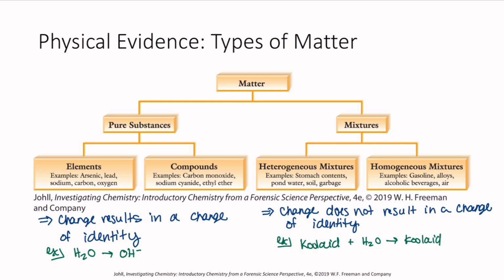I still have Kool-Aid. If I take salt, NaCl, solid salt, and I mix that with water, then I make a salt water solution. I make a sodium chloride solution. Notice I still have sodium chloride. It did not change the identity of the sodium chloride. It did not change the identity of the water. I have just mixed them together. If I needed to, I could use a separation technique and get my substances back.